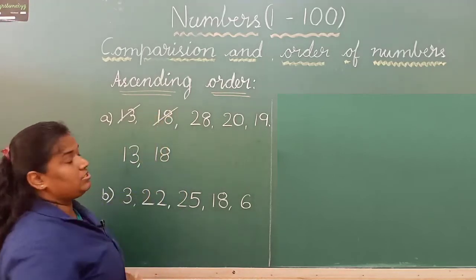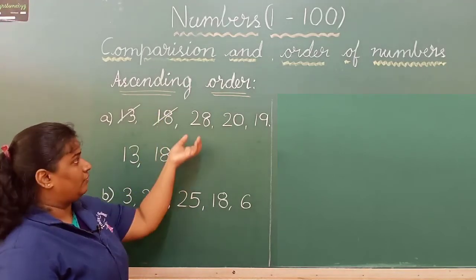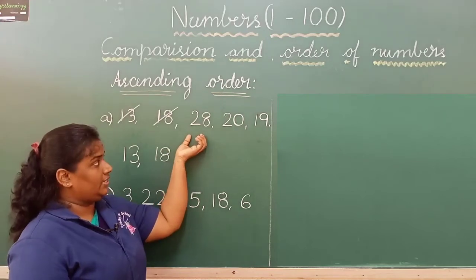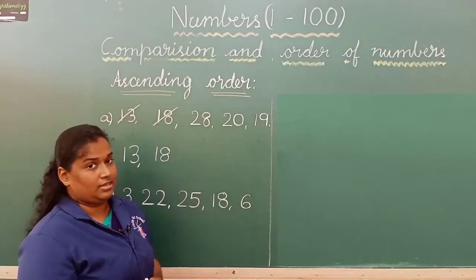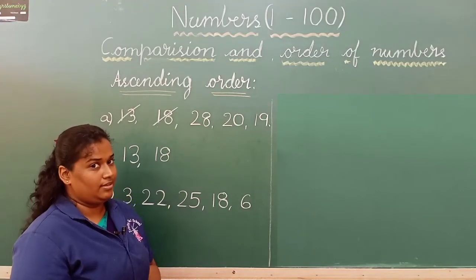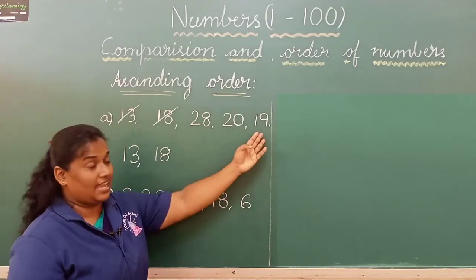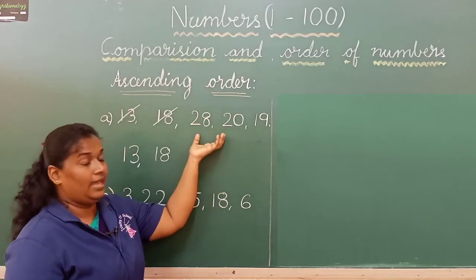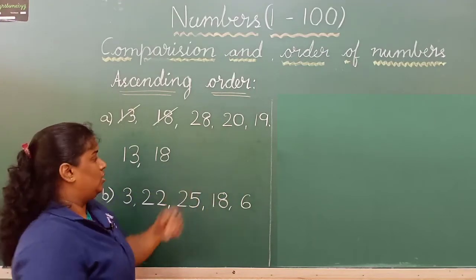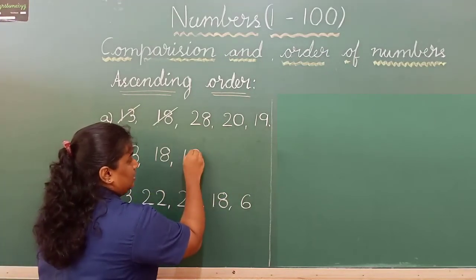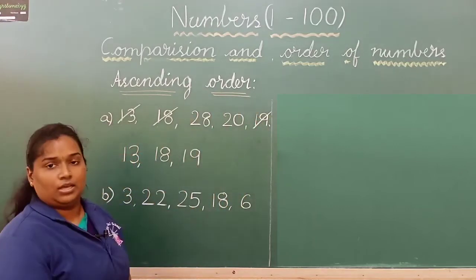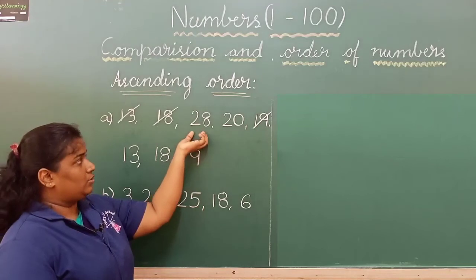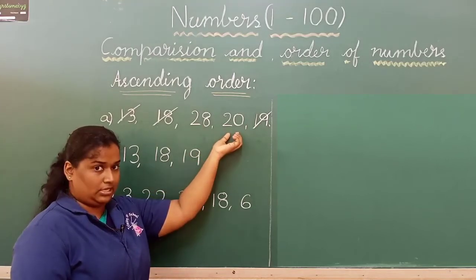And strike out 18. Now we have the numbers 28, 20 and 19. Among these 3 numbers, which is smaller? Yes, 19 is smaller than these 2 numbers. So let us write 19 next and strike it out from the question. Now we have 28 and 20.